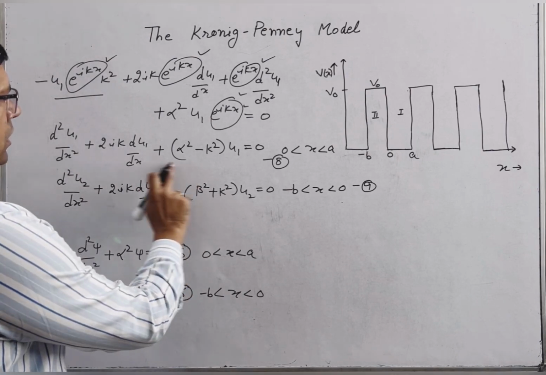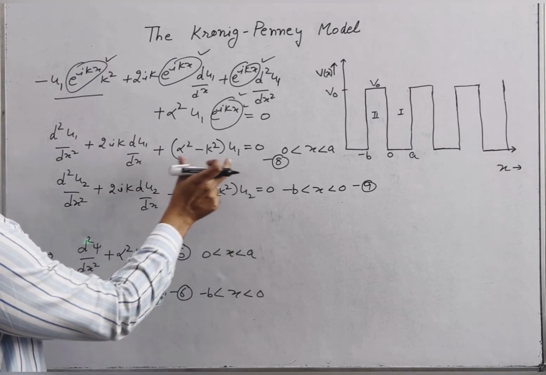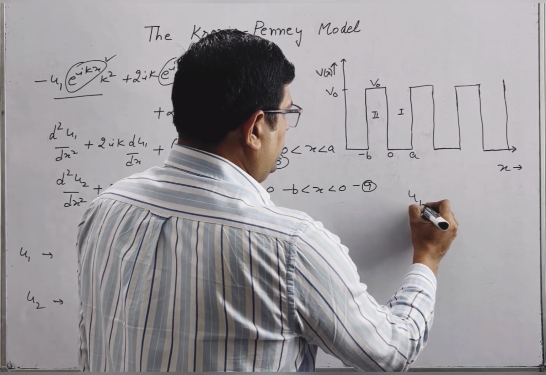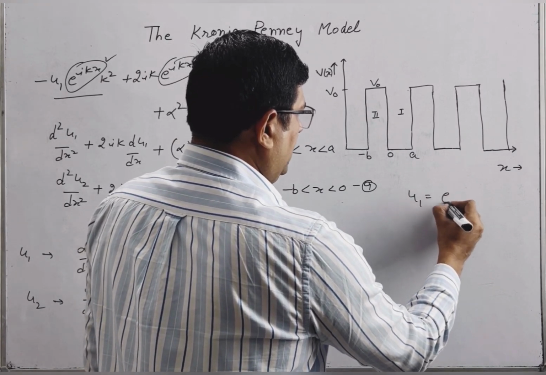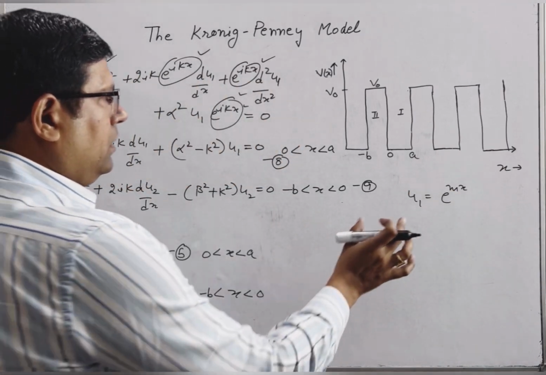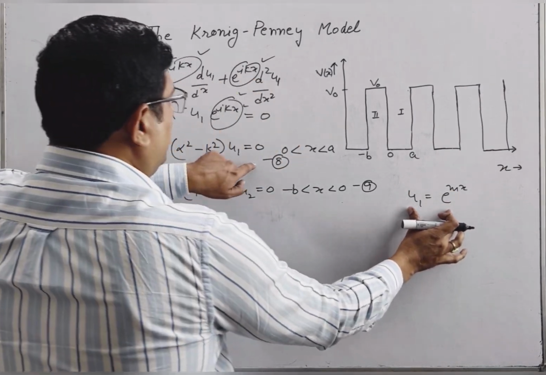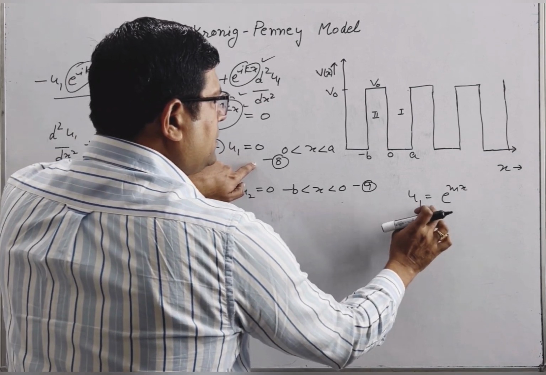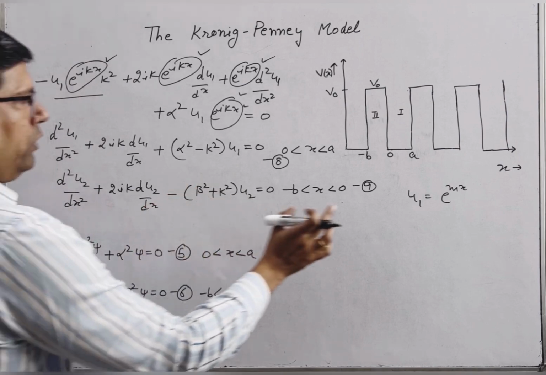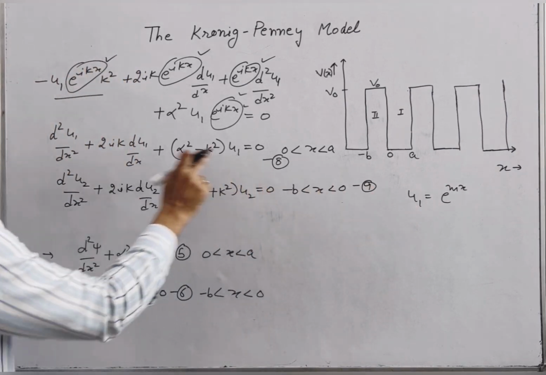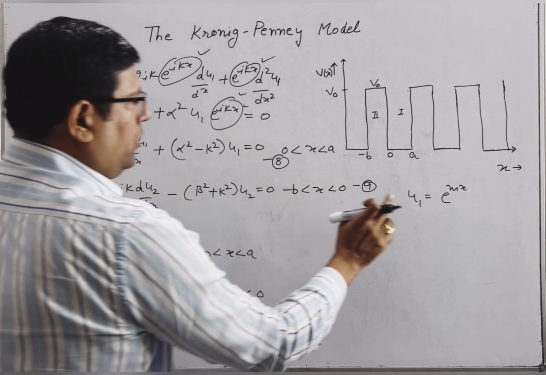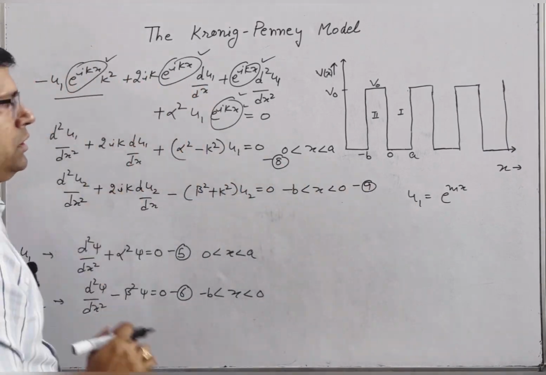Now, the solution of differential equation 8 is of the form u1 equal to e raised to power mx. Again, if this is the solution of equation number 8, then this solution must satisfy this equation. So we will put the values of u1, du1 by dx and d2u1 by dx square in equation 8.